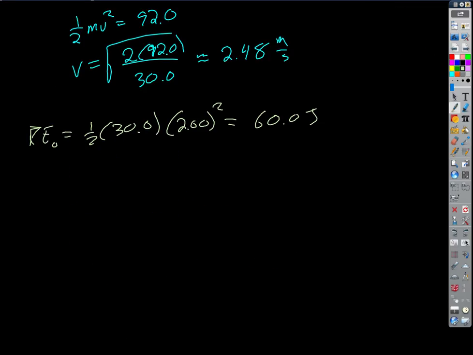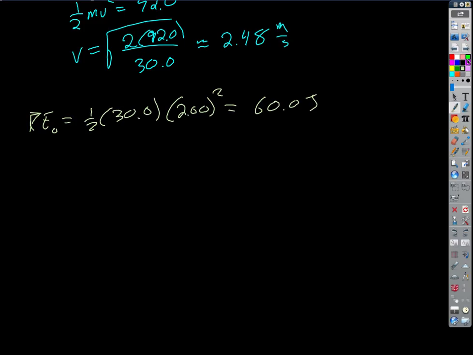So my final kinetic energy would have been my initial kinetic energy plus the change in kinetic energy, which is 60 plus 92, 152. I kept the point 0. Make sense? And if we do the math, it's the same math. We would have ended up with the same formula.